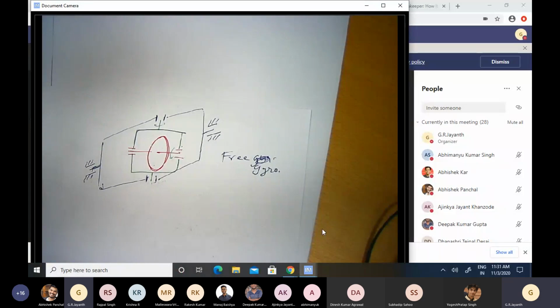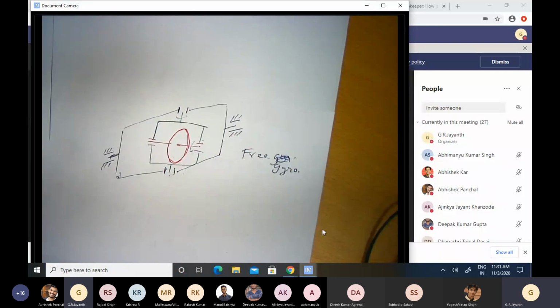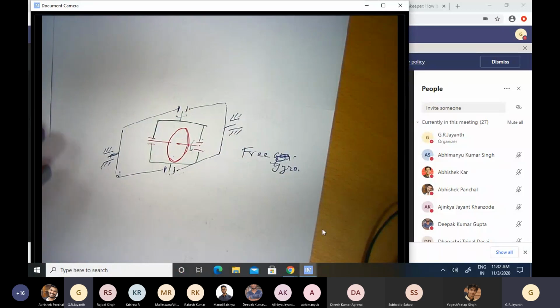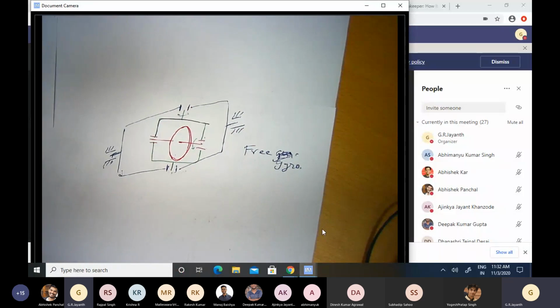This is just one of the simplest configurations of a gyroscope. There are several more, and I wanted to survey them in today's class, but I have now run out of time. So either I will do it in the next class, or I will conduct a special class, maybe on Saturday, to cover only gyroscopes. That class can also be used to answer other questions you might have in relation to whatever we have discussed over the last one month.